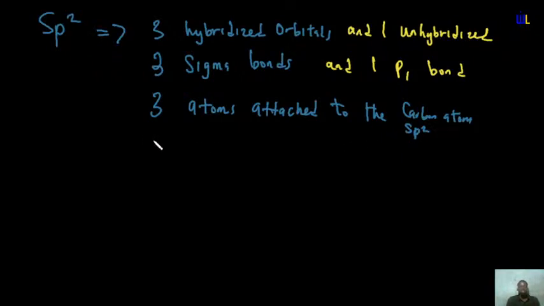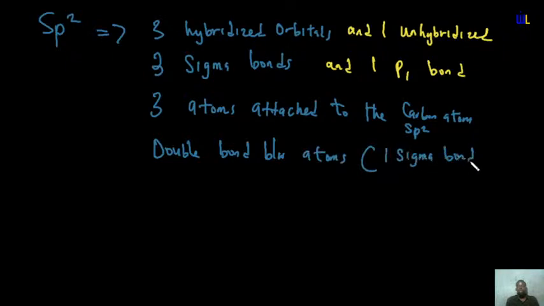Now, sp2 hybridization leads to the formation of a double bond between atoms, and that double bond is made up of one sigma bond and one pi bond. I'm just putting out these things as bullet points so that you will see the direct points you need to take note of about these forms of hybridization.